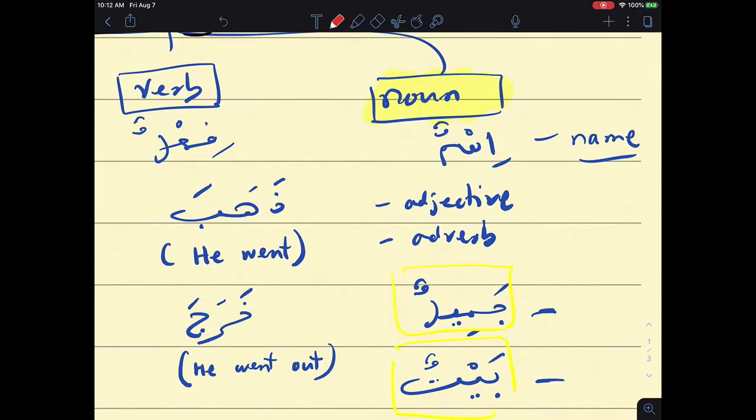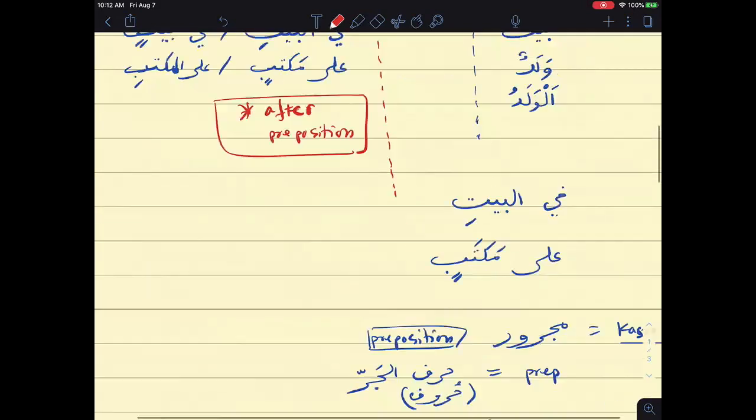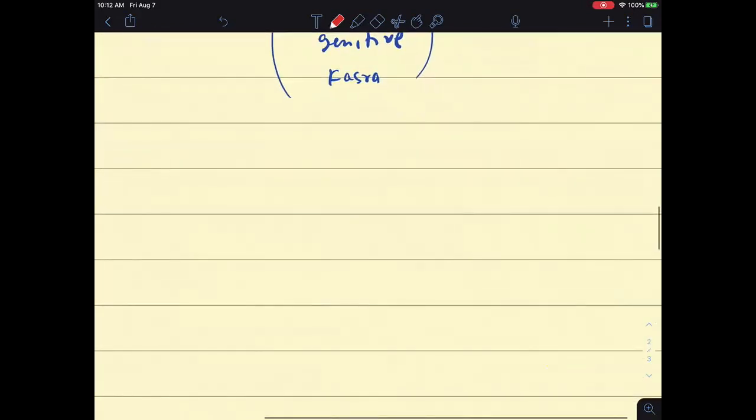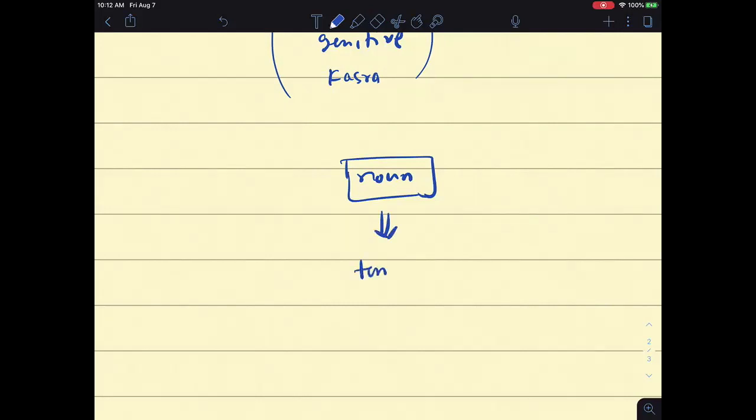When we talk about noun from the grammatical perspective, not like the name of things, but noun which includes adjectives, adverbs, or anything, by default it wants tanween. One of the unique things in Arabic is that tanween is unique to only the noun. So what does that mean?